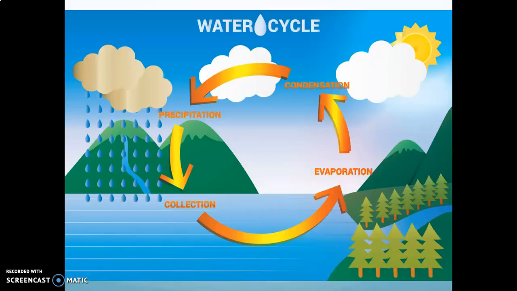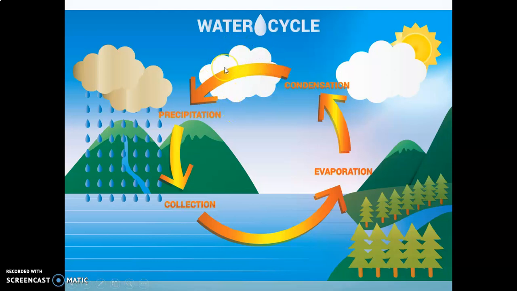So, as a summary, the water cycle on earth happens because of evaporation and transpiration of plants. This makes the water vapor rise in the air and become a liquid again as condensation in the clouds.